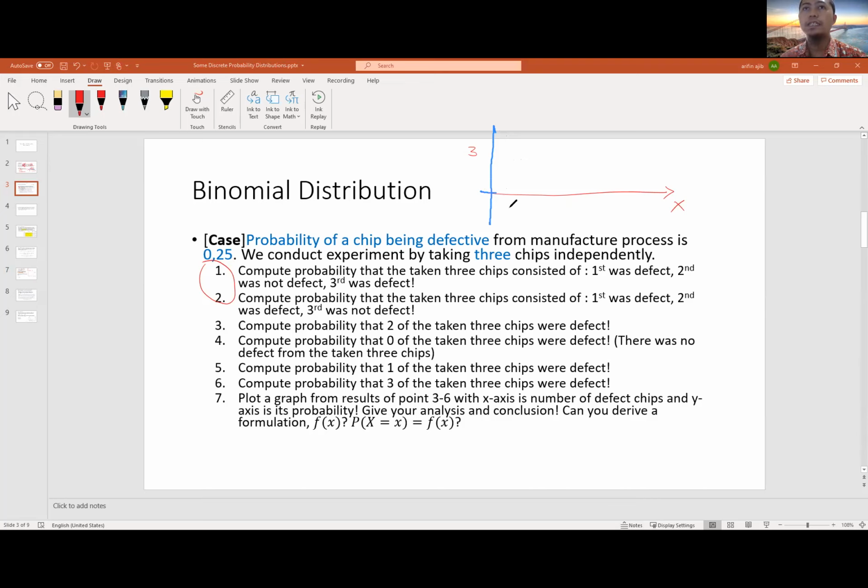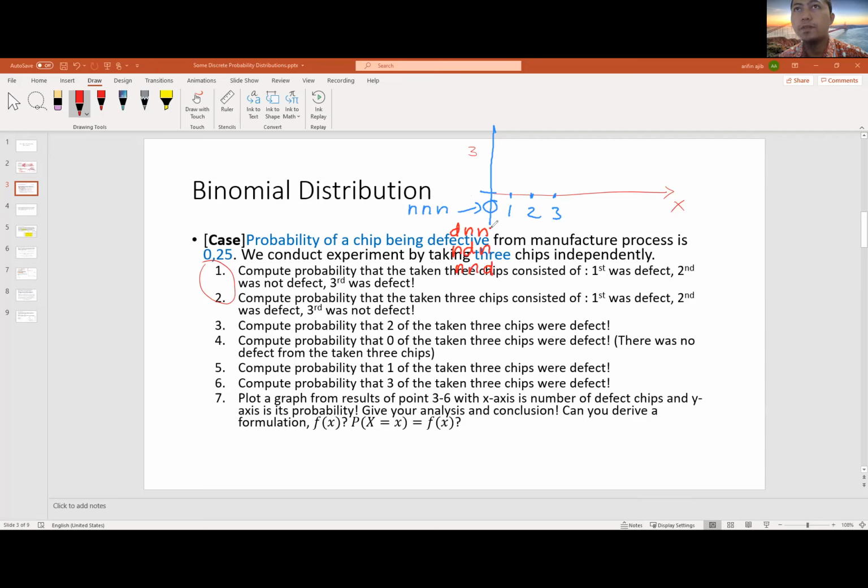So the possibility that there are no defective chips, there is 1, there is 2, and there is 3. For 0, the member is nnn. For 1, the members are dnn, ndn, and nnd, where d is defective and n is not defective.